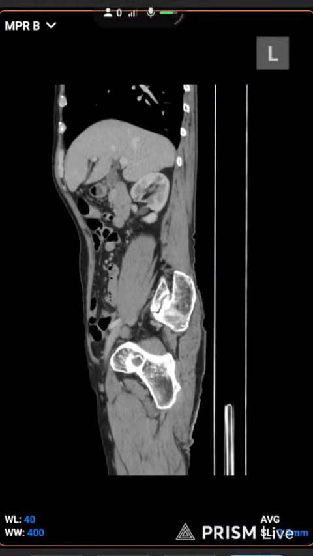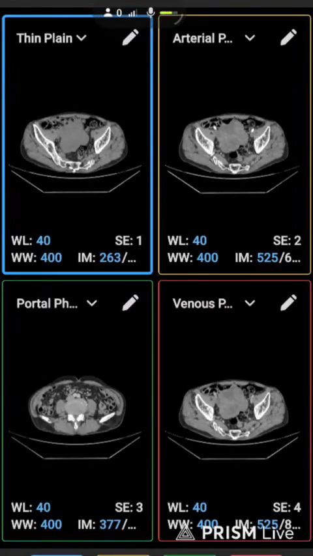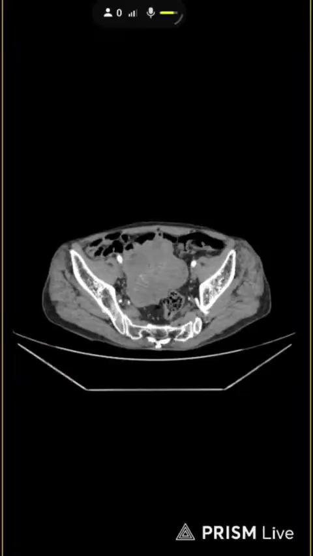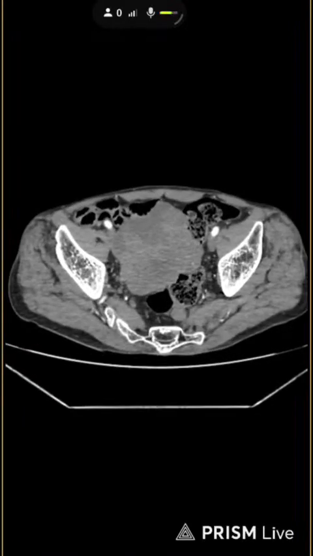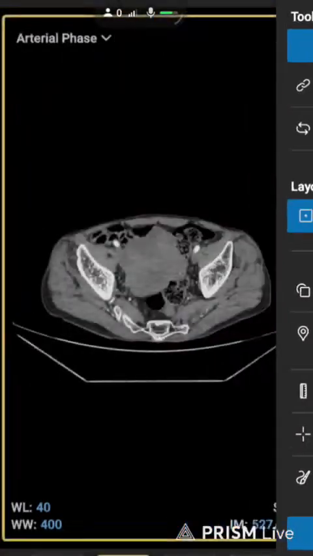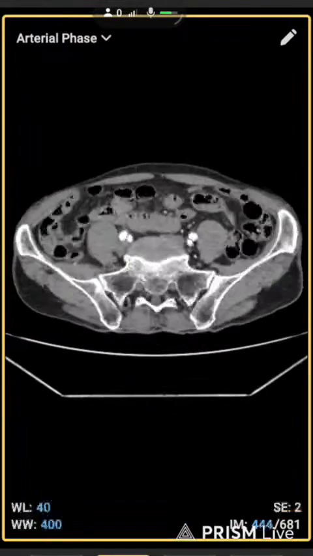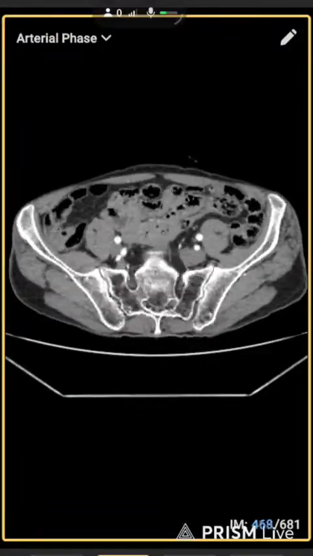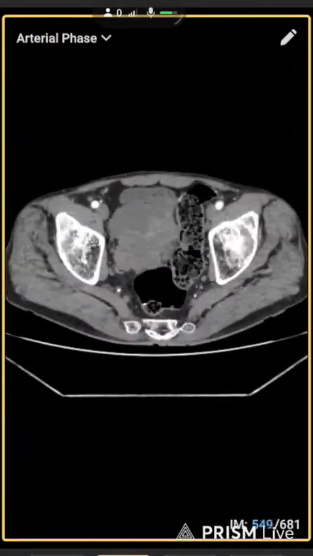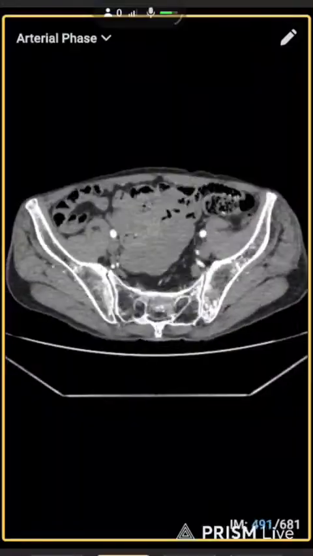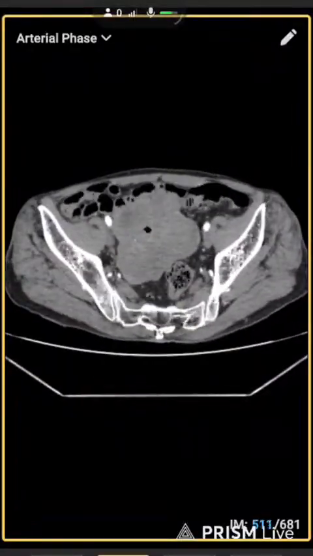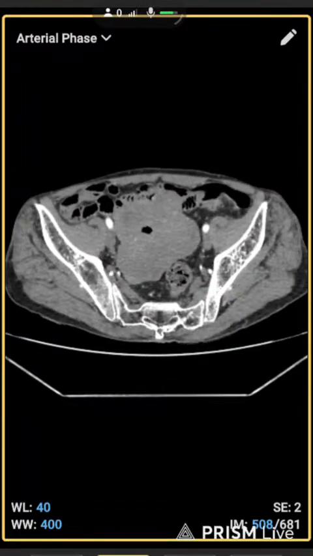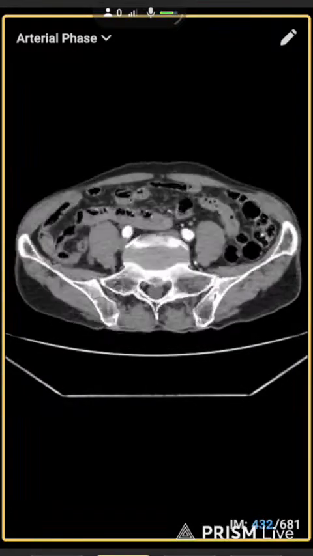If you find this type of problem, you should include the arterial phase in this area. Here you can see we found a lot of tumor causing bleeding, or it's difficult to operate, because in the arterial phase we know which artery supplies this lesion, so we find out the type of lesion.